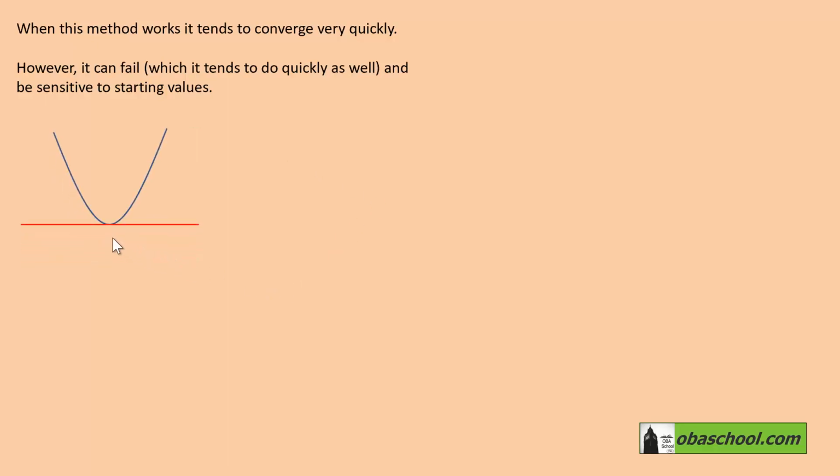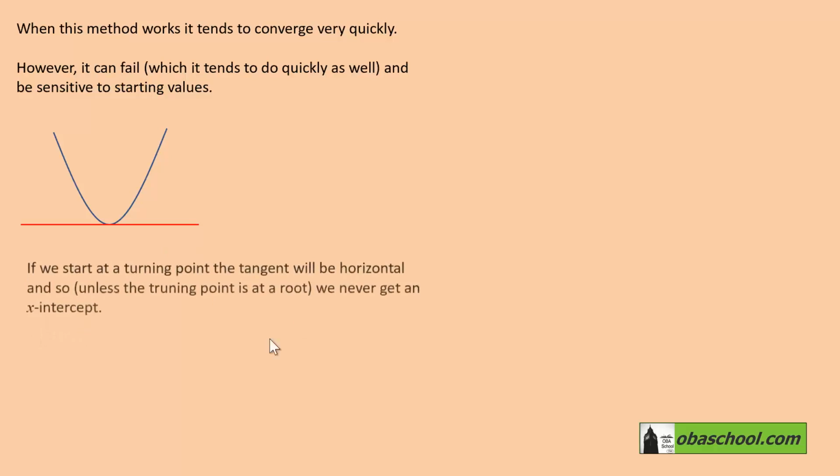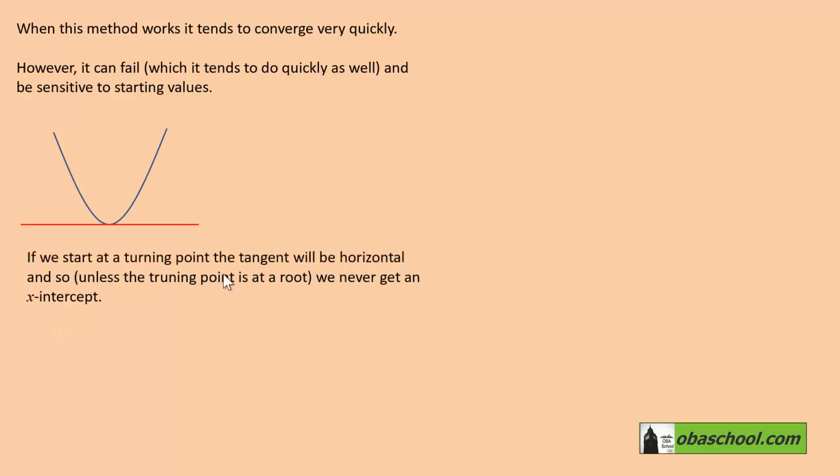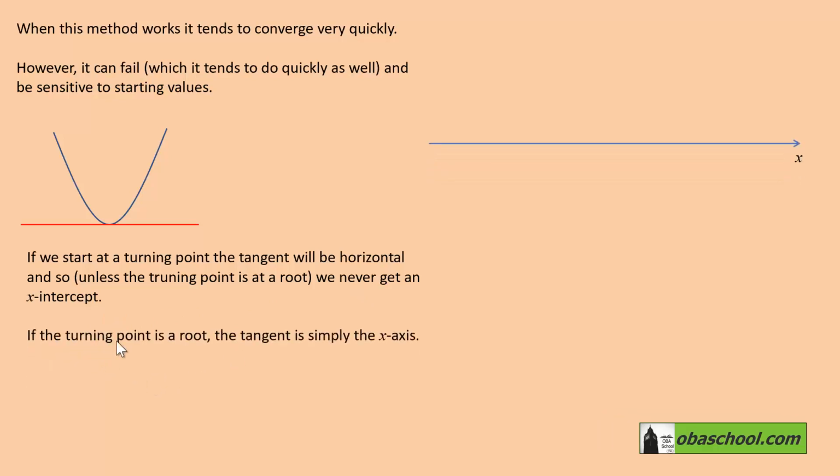So for example, because it's based on a tangent, if you do it at a turning point, you're never going to get an x-intercept. So if we start at the turning point, the tangent will be horizontal, and so unless the turning point is actually a root, we never get an x-intercept. If the turning point is a root, the tangent is simply the x-axis, and that's no use either.